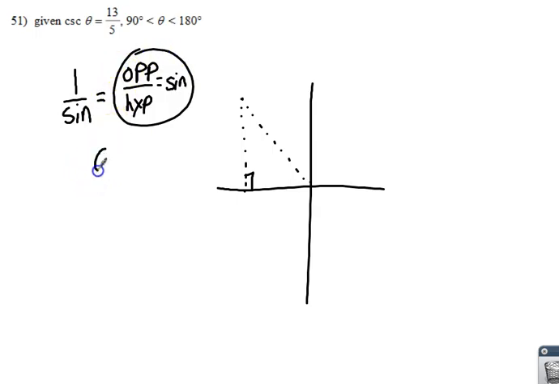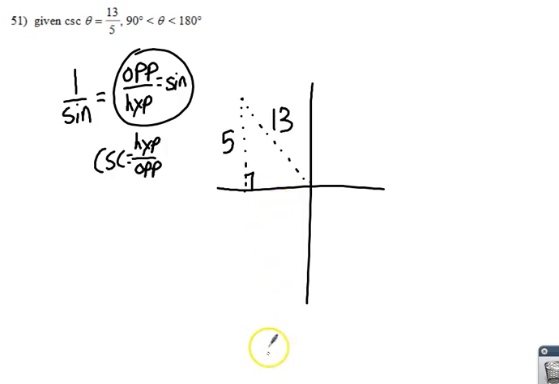So, given cosecant is my hypotenuse over the opposite, I have my hypotenuse being 13, my opposite being 5. I need to find this side.